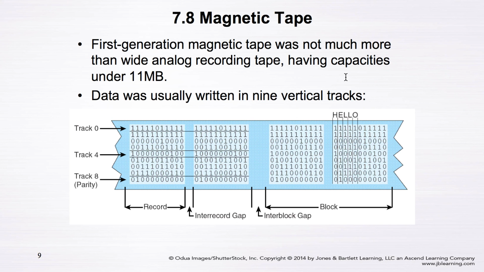The information is stored vertically instead of horizontally. For example, to encode the letter H, the ASCII representation of letter H is 01001000. So the information is represented vertically instead of horizontally.